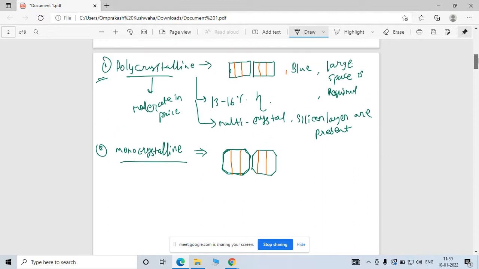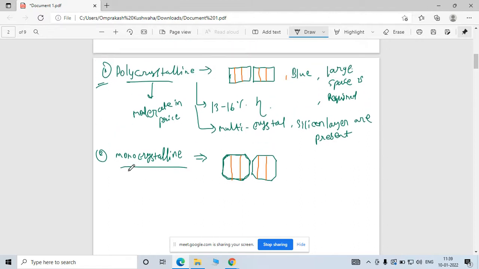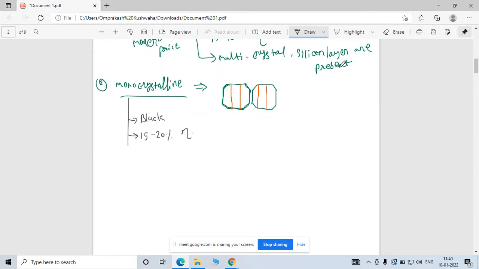Now, the second thing is the main important points for this monocrystalline. It is generally observed in black color, and the efficiency is 15 to 20%. Single crystalline silicon is used for making this one cell.